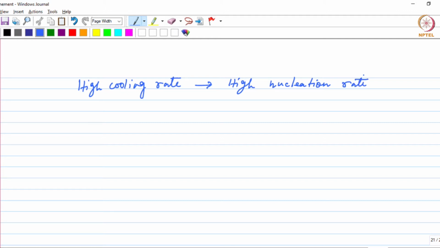And this provides you one more method of grain refinement by high cooling or rapid cooling during solidification.